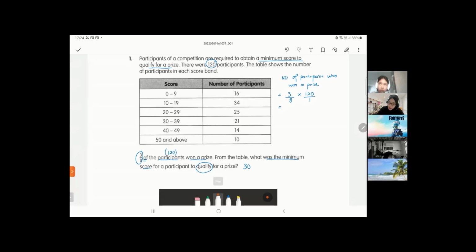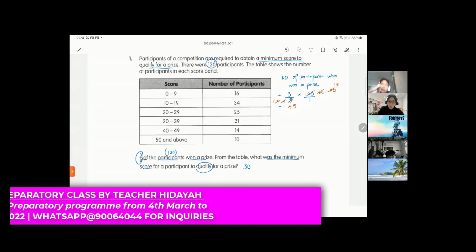I simplify. 8 and 120, I can simplify. Divided by 2 is 4, divided by 2 is 60, and then you can divide some more. 15 times 3 is 45. So 45 participants won a prize.